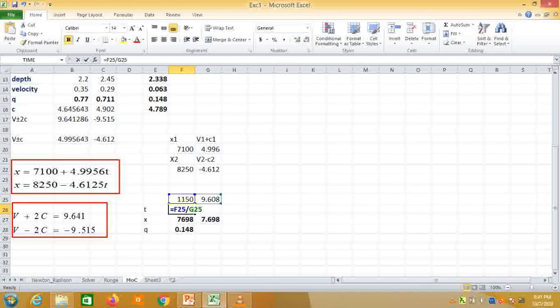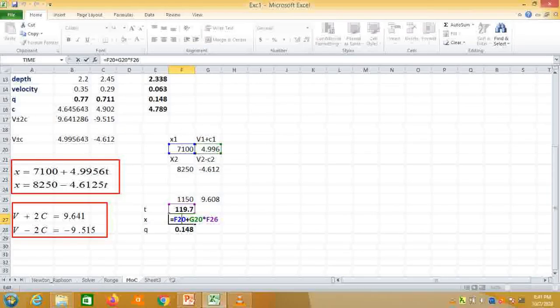Once you find the time, let's plug it in any one of the two equations. Then that should give you the value of the x here, using this time and using the first equation here. So x is 7.698 kilometers.